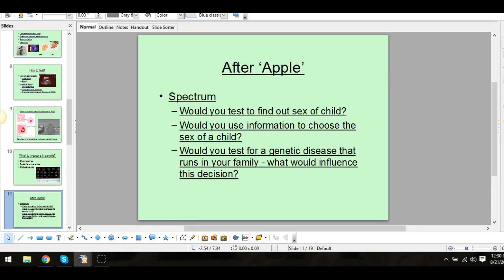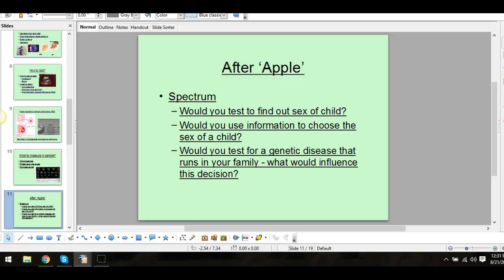There's a spectrum of genetic conditions. Here on this slide, I'm posing a question. If you wanted to find out if your child is going to be a boy or a girl, would you test to find out the sex of the child?